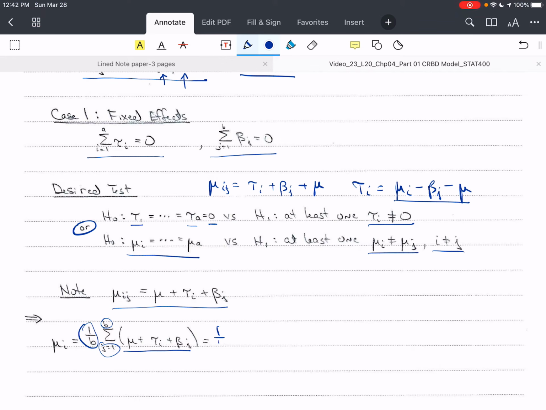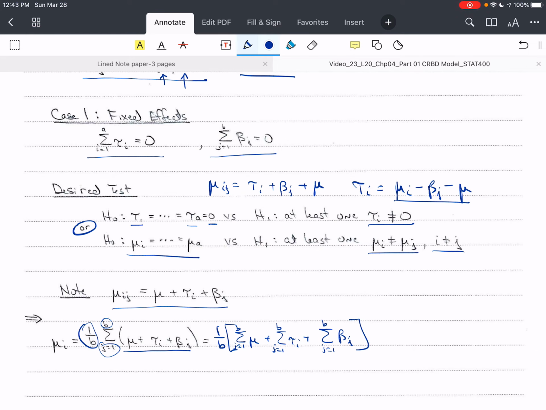So I have 1 over b here, and then I have the sum of mu from j equals 1 to b, plus the sum of tau i from j equals 1 to b, plus the sum of beta j from j equals 1 to b.